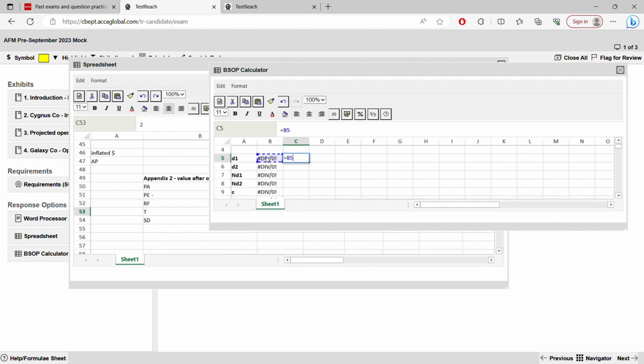So here you can see the function. If you click here, you can see the function. It is the logarithm of PA divided by PE plus risk-free rate plus 0.5 into standard deviation squared. You can also see the formula from here.